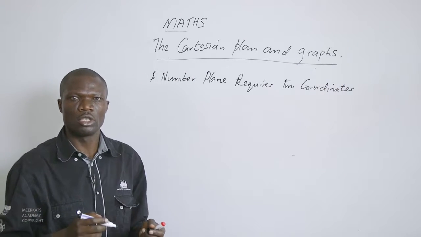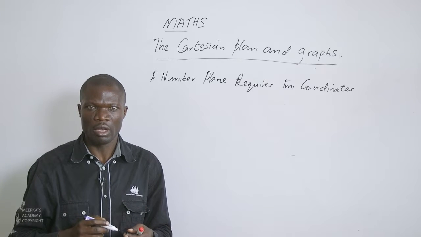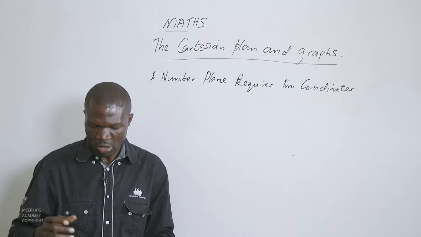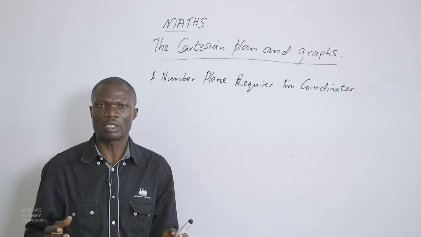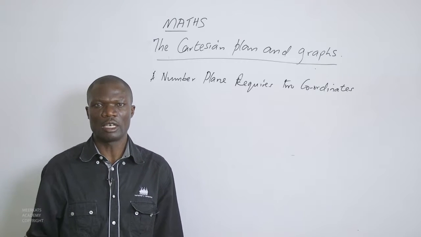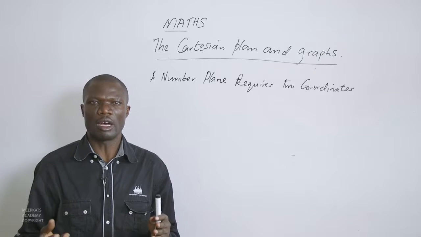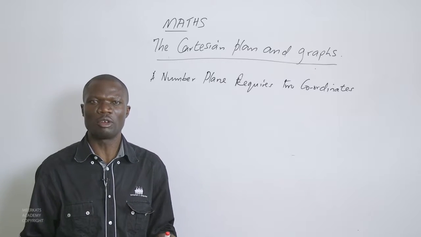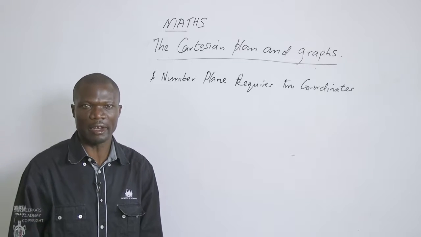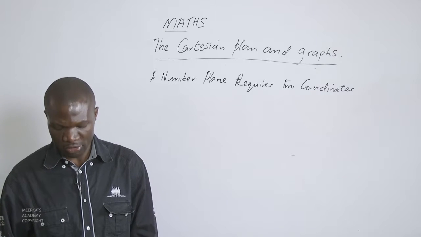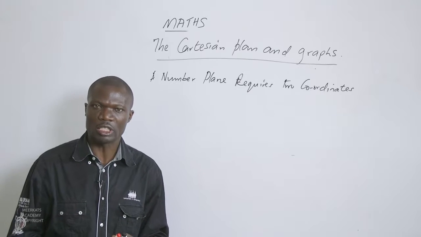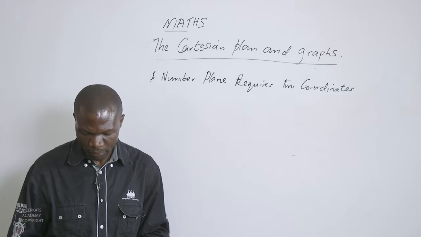It requires 2 coordinates. At the same time, in mathematics generally, we refer to this as the Cartesian plane. Remember earlier on we saw that the Cartesian plane was named after the mathematician who discovered it. We refer to him as René Descartes, who lived between 1596 and 1650.